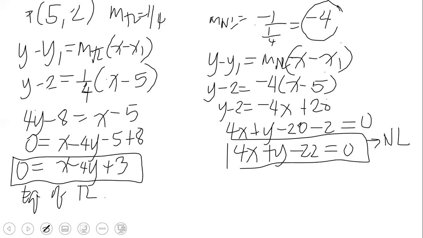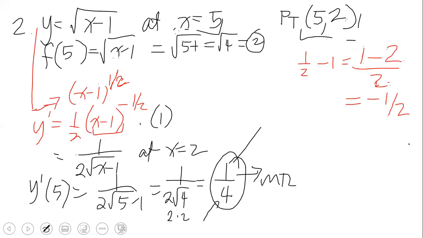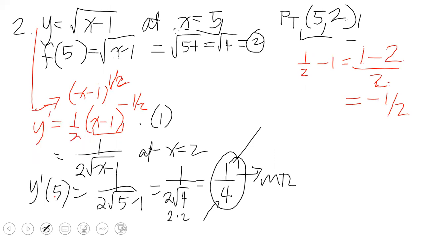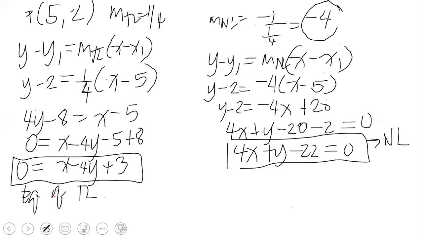Then, how about the graph? What does it look like on the graph? When we look at the graph of this function, the graph of square root of x minus 1 will look like this. This is the point of tangency.